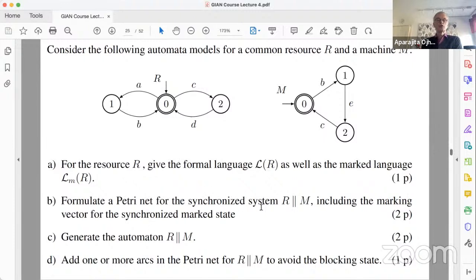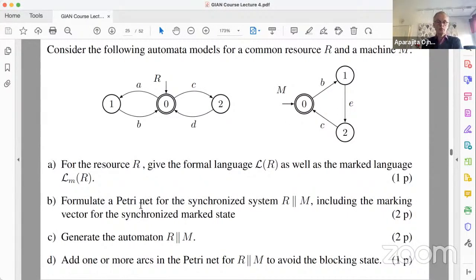Formulate the PetriNet for the synchronized system R synchronized M, including the marking vector for the synchronized marked state. Yeah, I mean, the marked state here is that both R and M should be in the states 0.